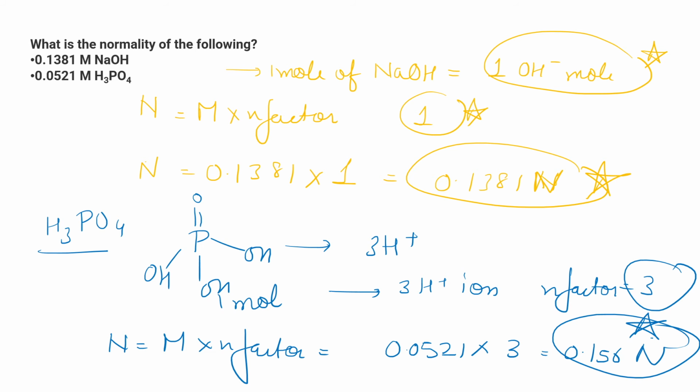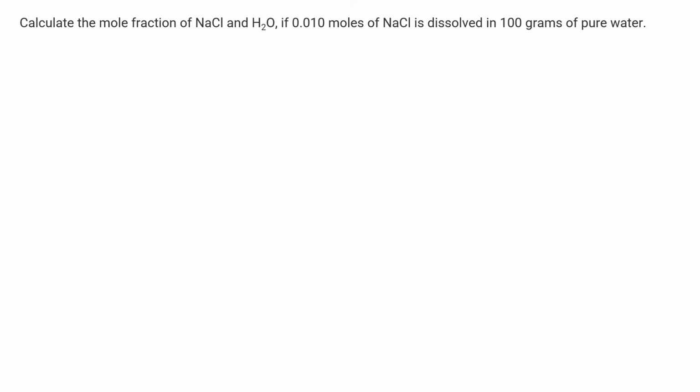Let us move to the next question. Now we'll talk about the mole fraction. Mole fraction, let me tell you again what the mole fraction is. It is defined as the fraction of moles of the different components of a solution.